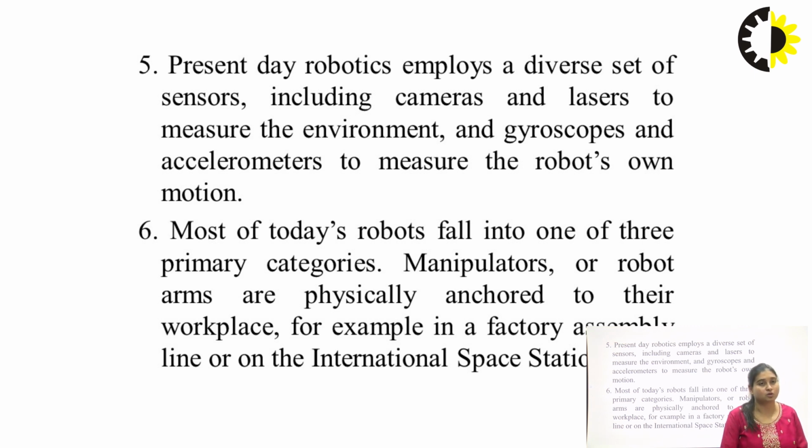So there are many instruments to measure the robot's own motion. And most of today's robots fall into one of the primary categories. First is the manipulator, or you can say the robot arm. They are physically anchored to their workplace, for example in a factory assembly line or the International Space Station, or ISS.